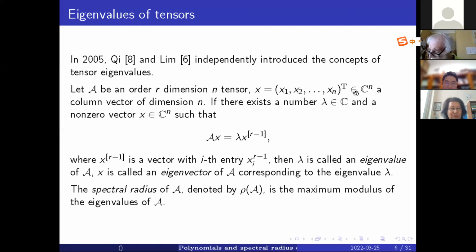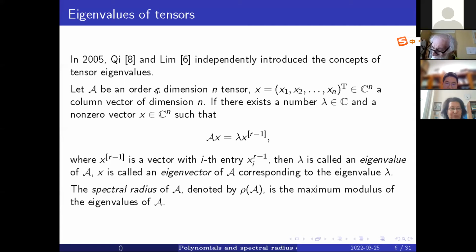If there is a non-zero vector x such that this equation is satisfied, then we call lambda an eigenvalue of tensor A, and the non-zero vector x is called an eigenvector of tensor A corresponding to the eigenvalue lambda.